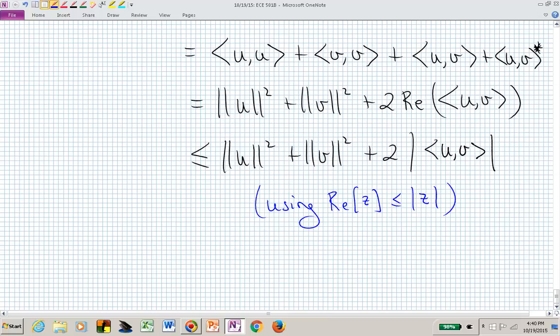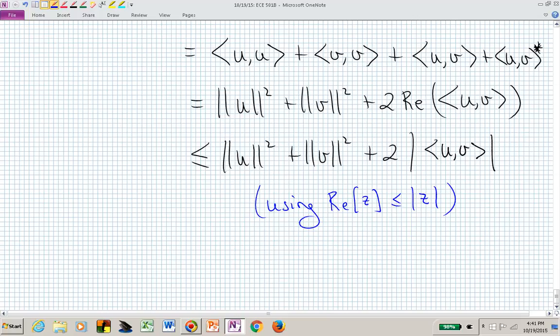Now what do I do? Well, now I have this. It's almost like we're doing a CSI, aren't we? We're a detective. We're trying to build this result. And now, if we go back and use CSI, we can bound, again, that absolute value. We have an upper bound on the absolute value of that inner product. That's now the norm of u times the norm of v.